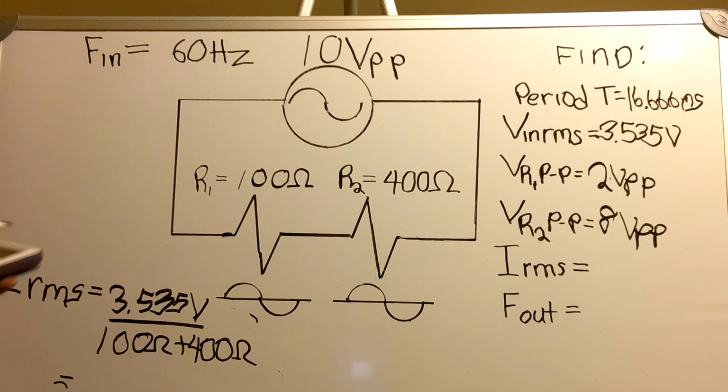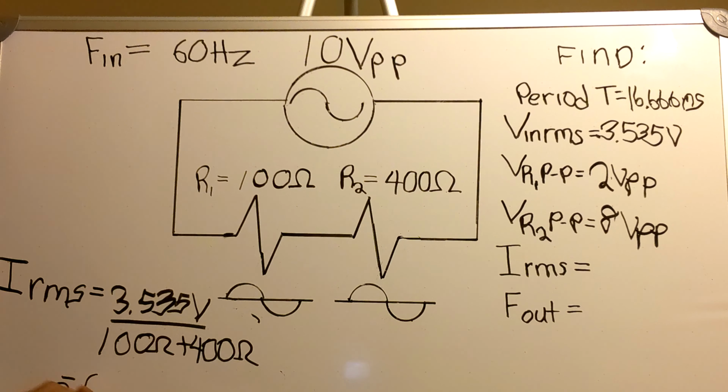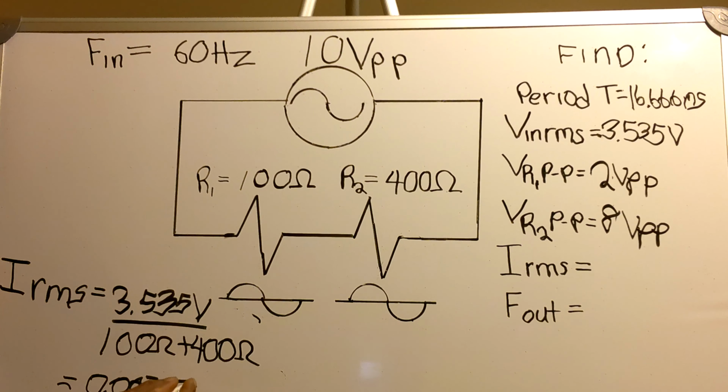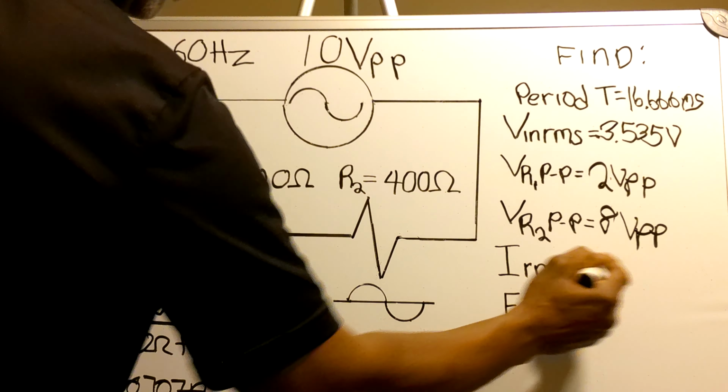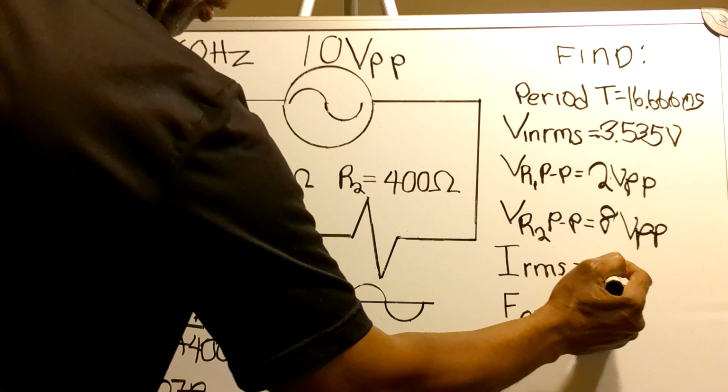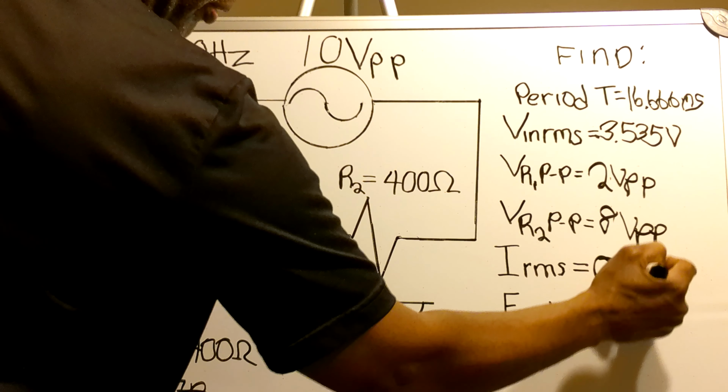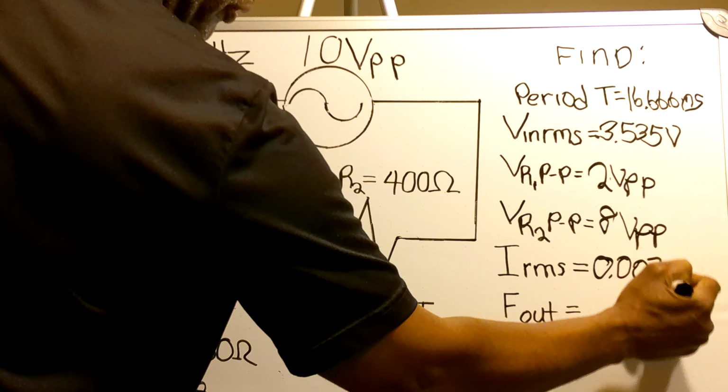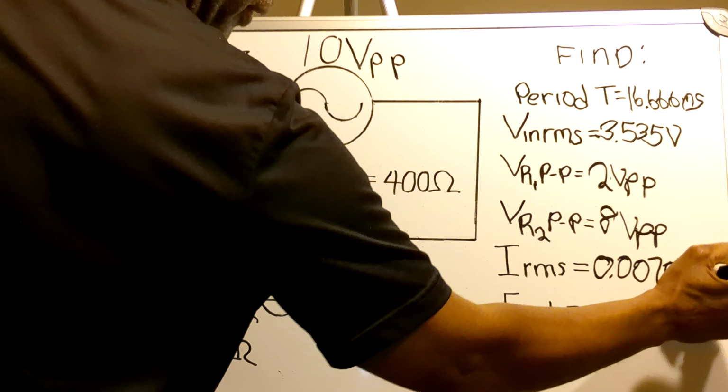That equals 0.00707 amps. The IRMS current equals 0.00707 amps.